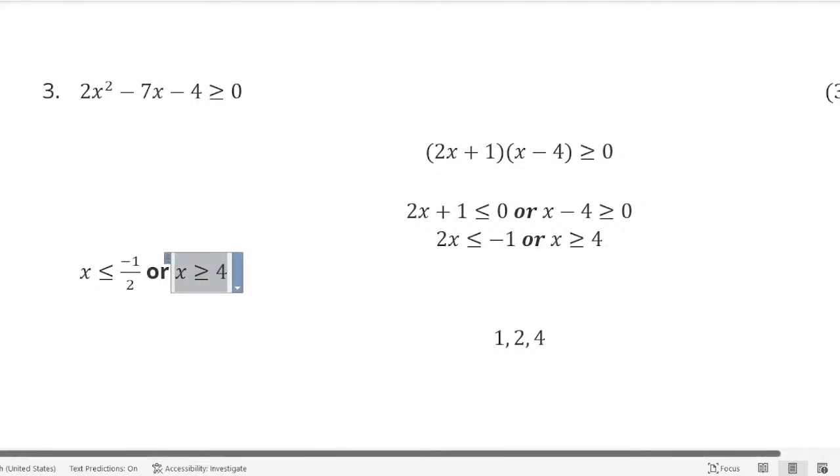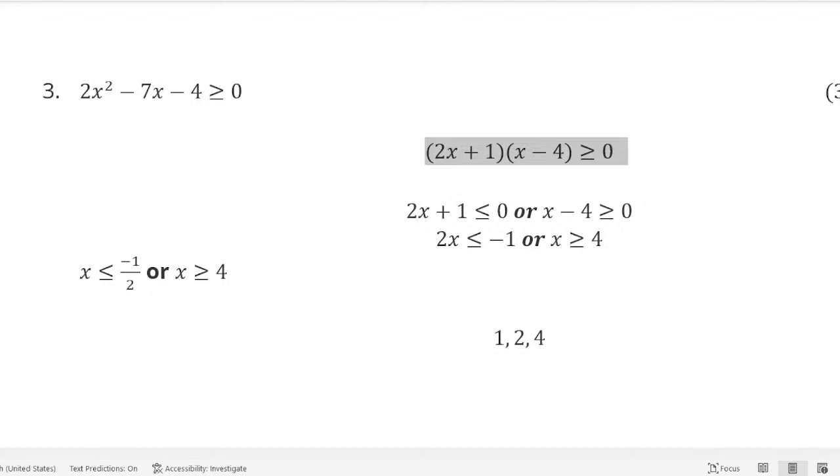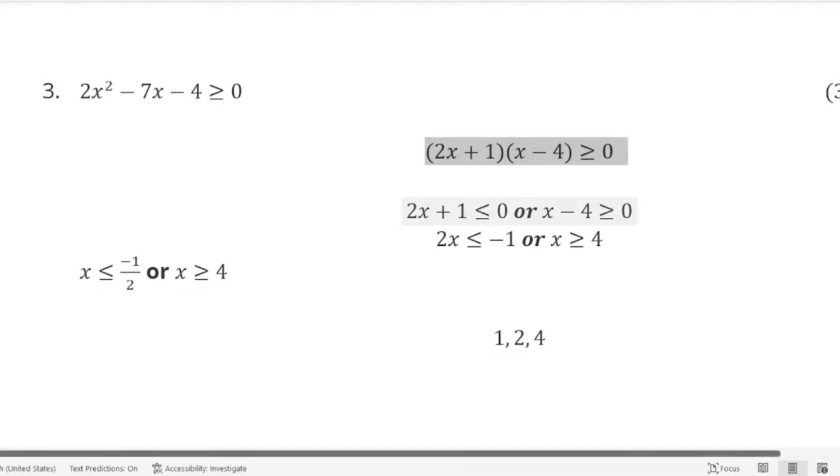Okay, let me explain again. Here we have this equation: 2x squared minus 7x minus 4 is greater than or is equals to 0. Then remember, this is a quadratic equation. We have to factorize. Then these are the factors. So here we have 2x plus 1 into x minus 4 is greater or is equals to 0. Then you are going to say x must be less than the smallest number, or x must be greater or equals to the biggest number.